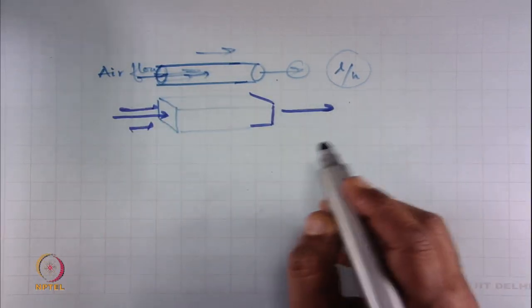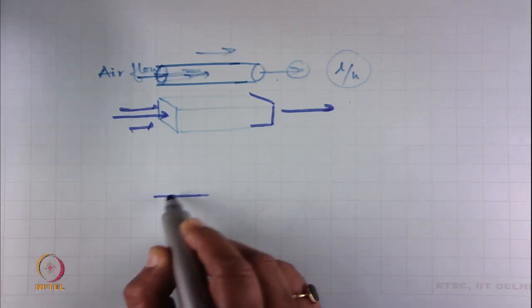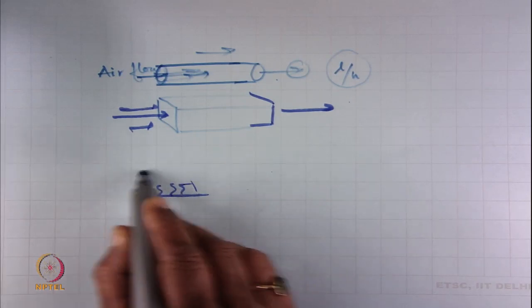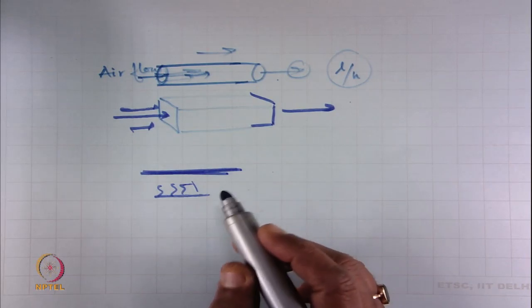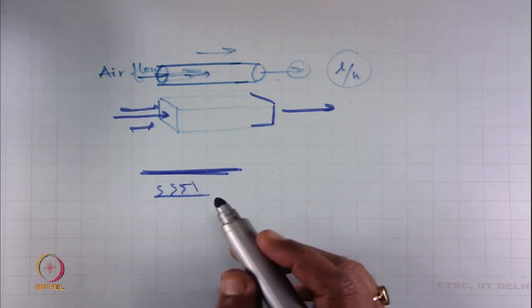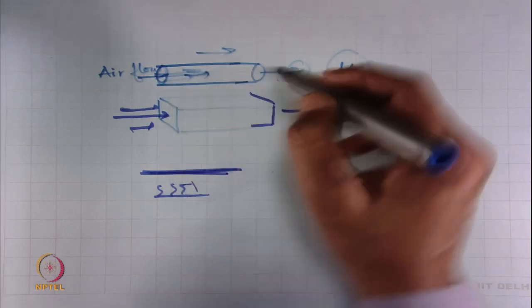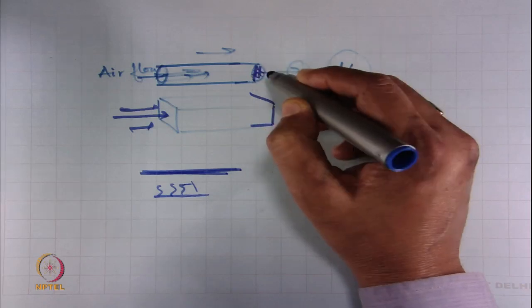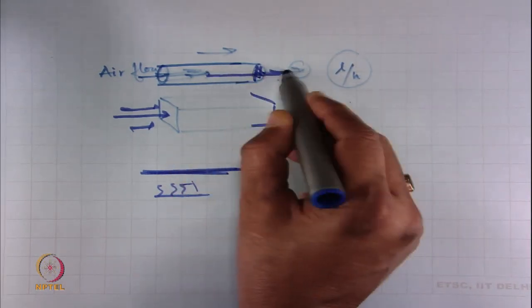But if we have to transfer heat through a fabric, we want to measure the heat flow rate through fabric. If we want to measure the air flow rate through fabric, we can cover the other side of the pipe or tube with the fabric, and we can measure the flow rate.